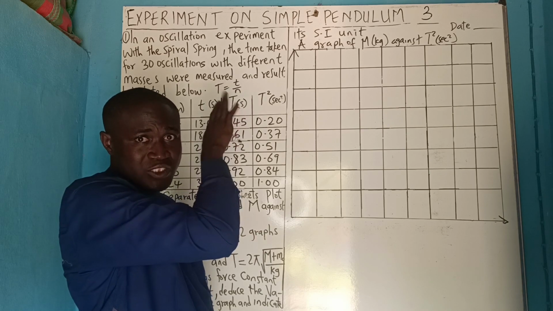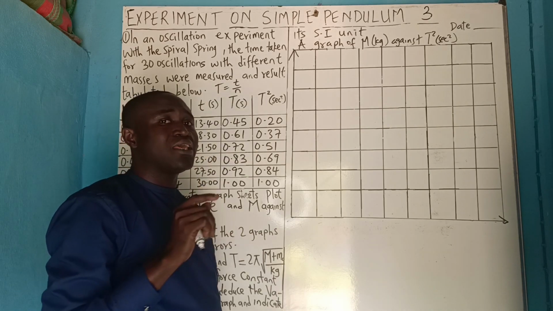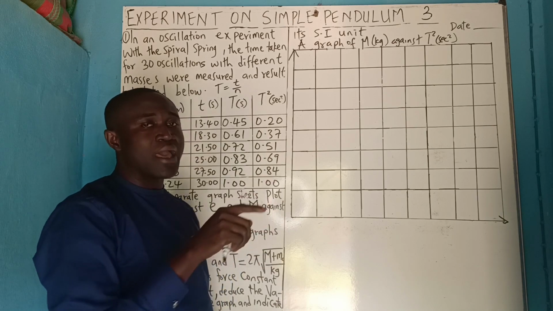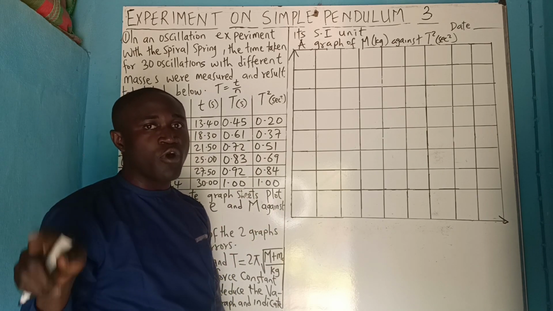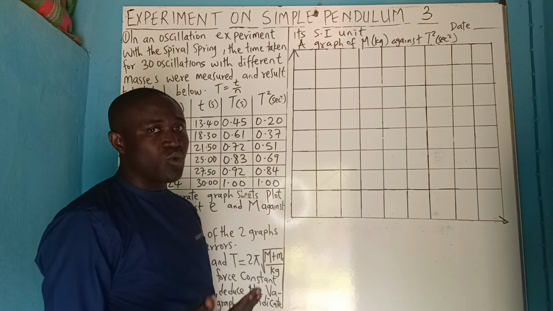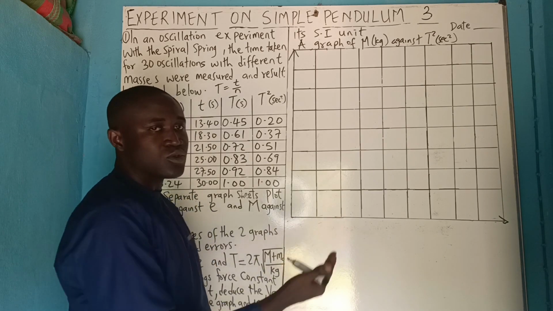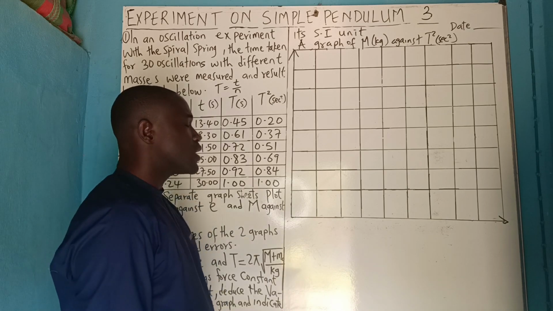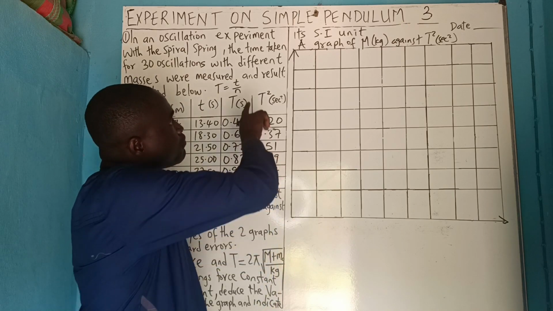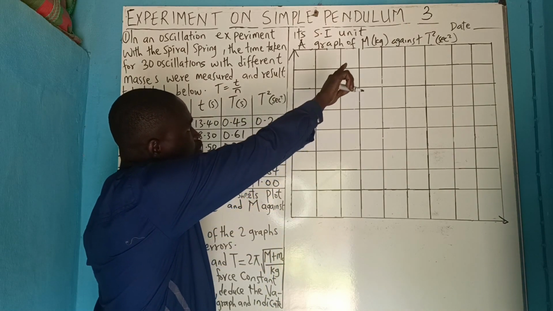That is the first one we plotted. And the horizontal axis was 2 cm represents 0.04 meter. So please indicate the scale you use. Very important. So we have fixed our title and our date.